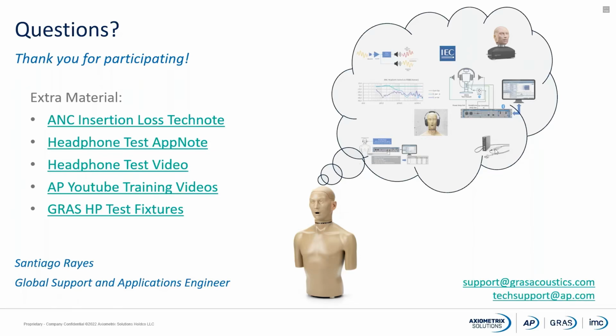However, I think we do have a technical note, or maybe it's included in the headphone test application note, a simple test with a reference signal where you can check if you have leakage. So please send me an email, and I will see if I can find this document for you.